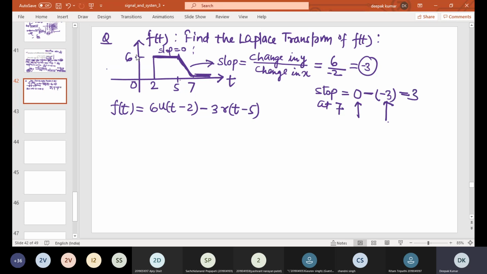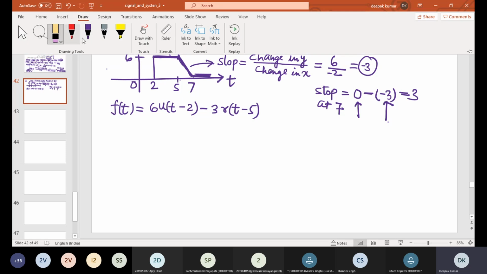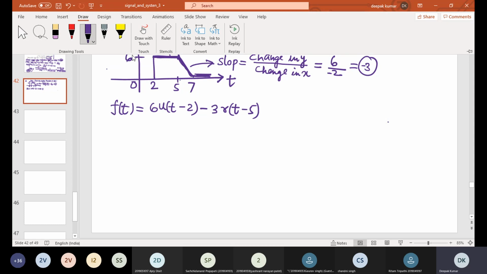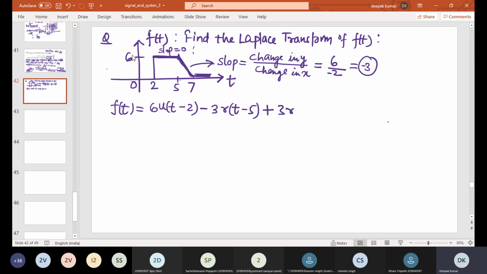Means you have to write an extra term of slope having coefficient +3 and the time shift is 7. Very simple expression. f of t is equal to 6 u(t minus 2) minus 3 r(t minus 5) plus 3 r(t minus 7).